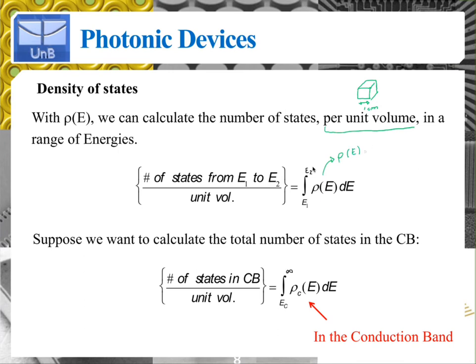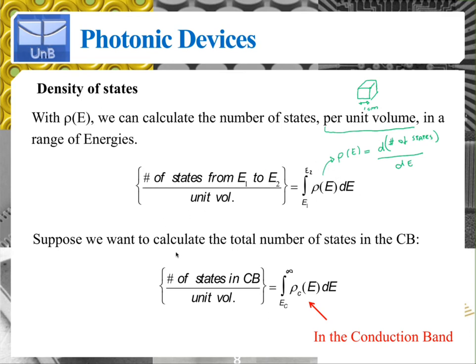So you can think of rho as being the derivative of the number of states per unit volume with respect to energy. This follows directly from the definition of the density of states, so that if you integrate in a given interval, you will get the number of states within that range.